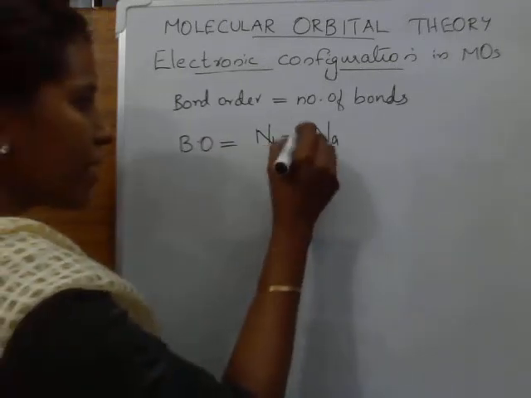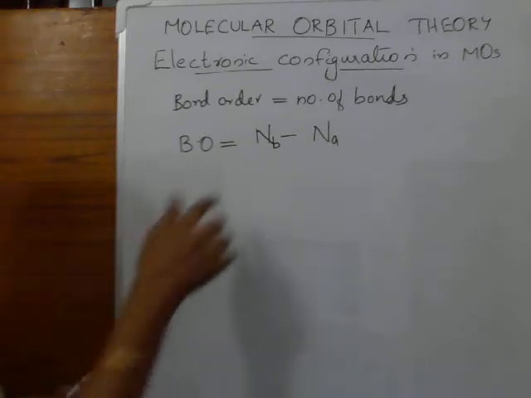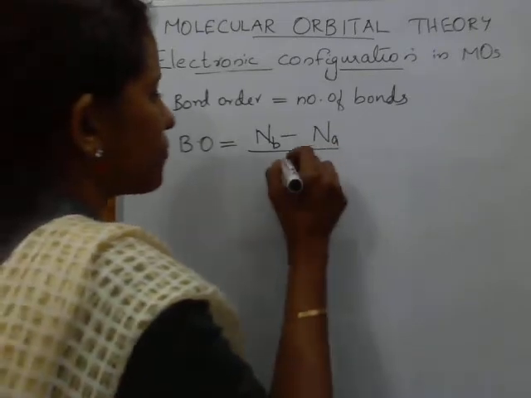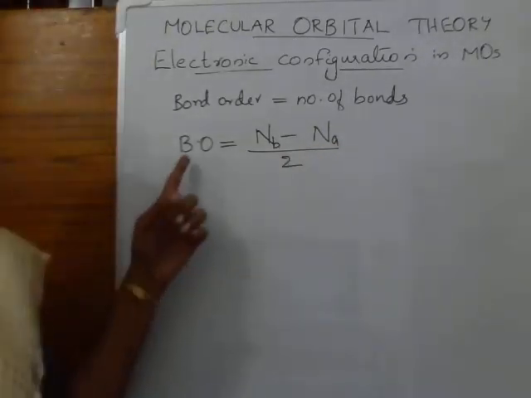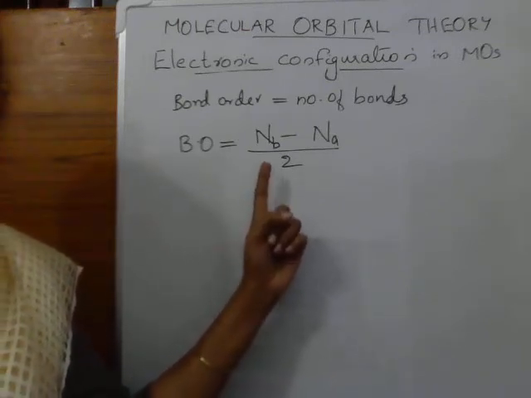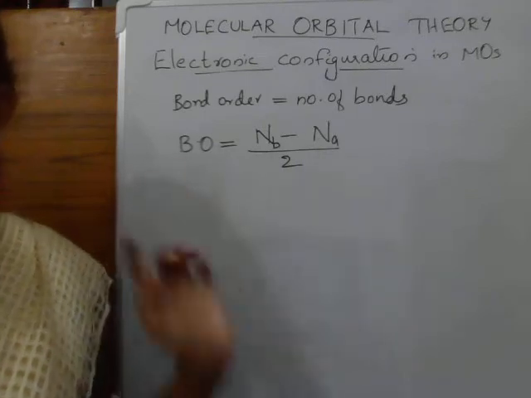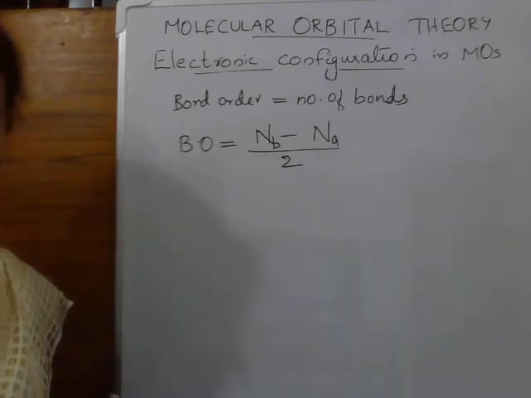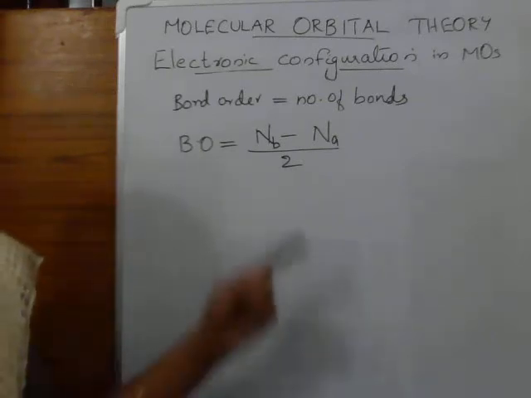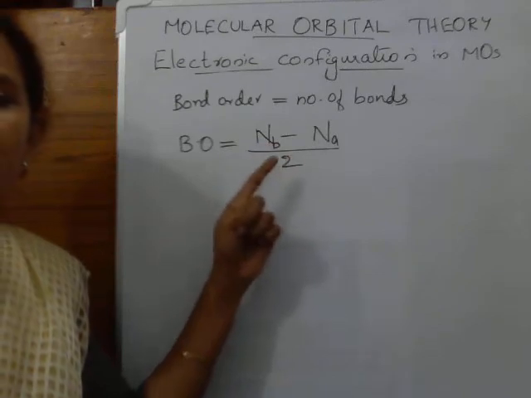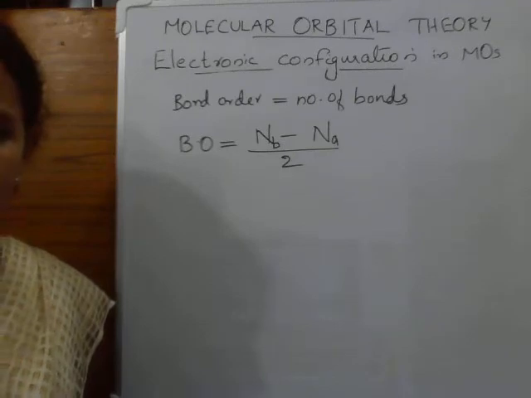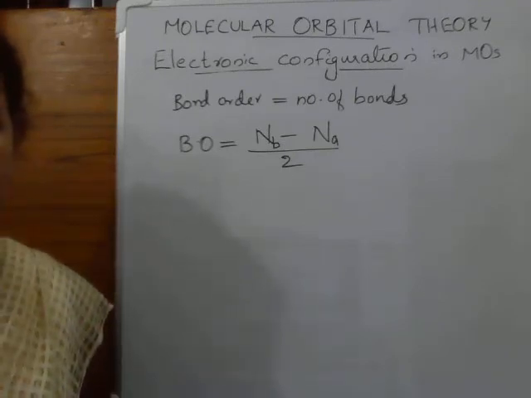We take the difference of Nb and Na, the difference of the number of electrons in bonding MOs and anti-bonding MOs, and take the half. That is, bond order can also be defined as half the difference between electrons present in bonding and anti-bonding molecular orbitals. So from the electronic configuration, we get the number of electrons in bonding MO and anti-bonding MO. We find the difference and take its half. That will be bond order.